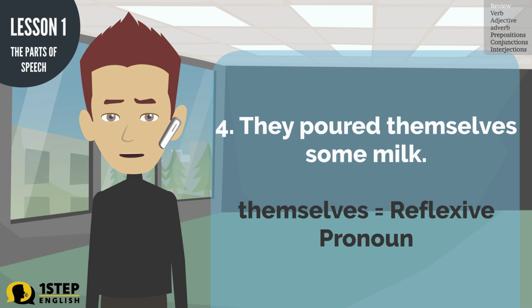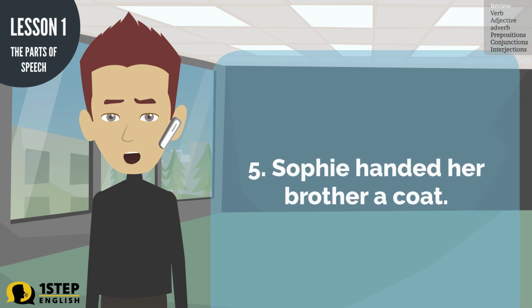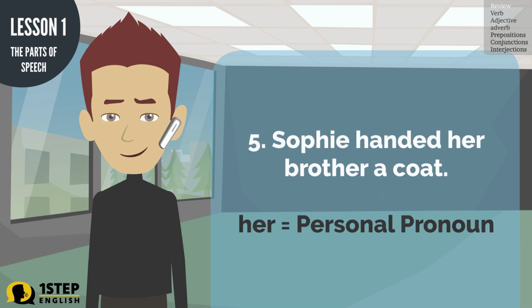The answer is themselves. We label it as reflexive pronoun. 5. Sophie handed her brother a coat. The answer is her. We label it as personal pronoun.